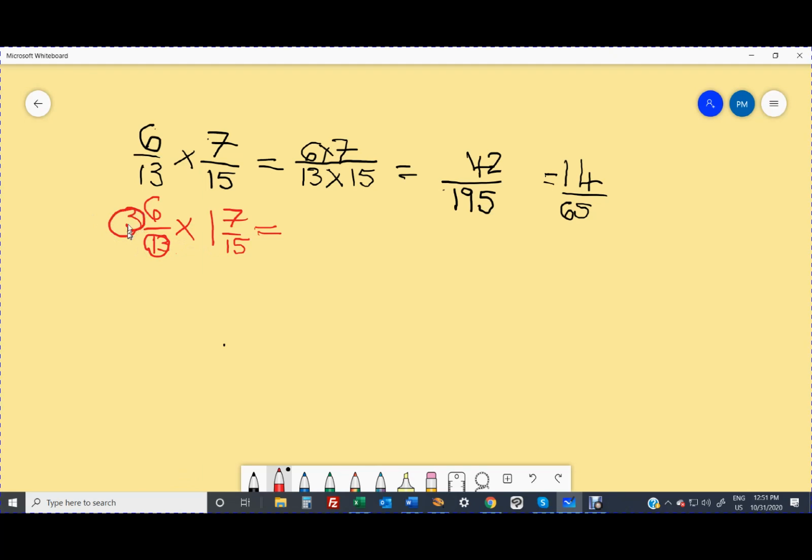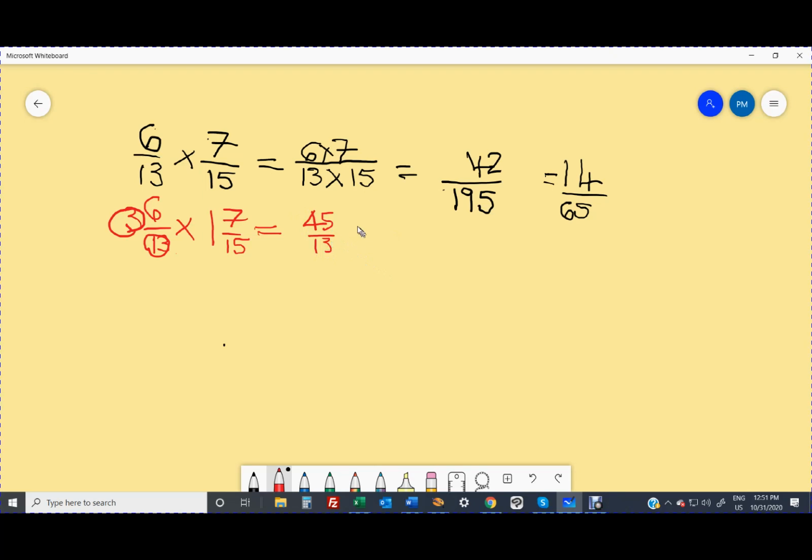And 3 13s equals 39. Plus 6 is 45. So we've now got 45 on the top there and 13 on the bottom.